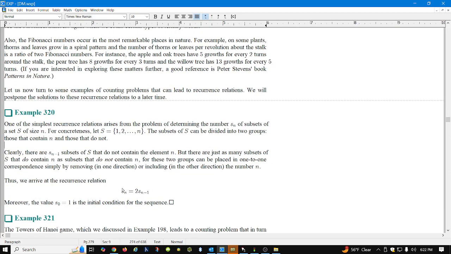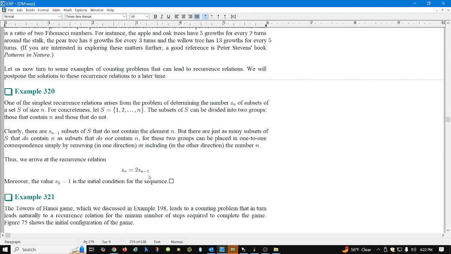So Sn is Sn minus 1 plus Sn minus 1, or in other words, 2 times Sn minus 1. Okay. That is the recurrence relation starting with the initial value S0 equals 1, and that's the sequence for Sn.